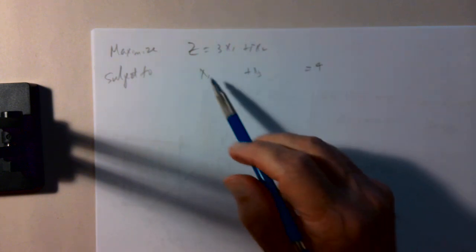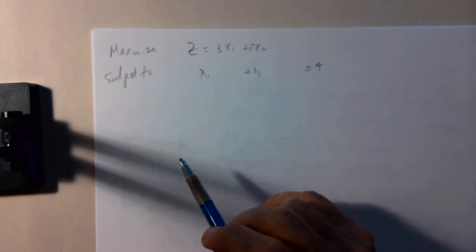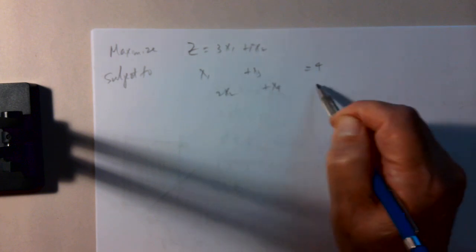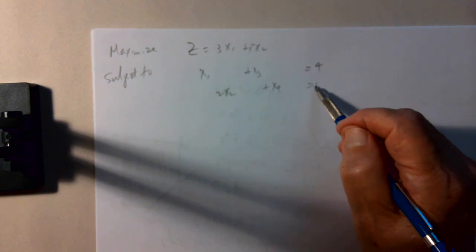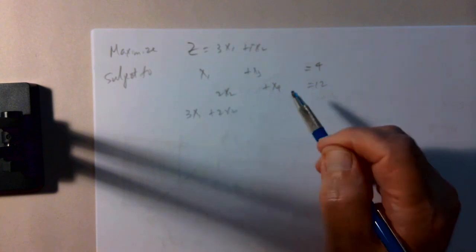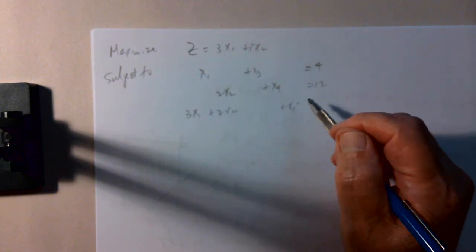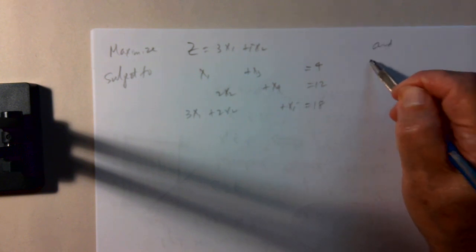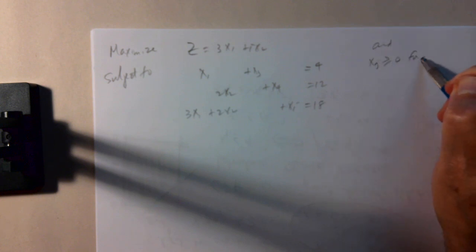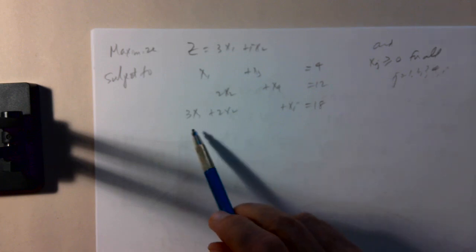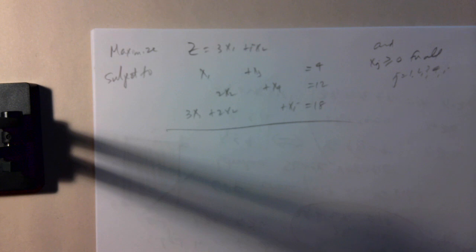I'm going to try and write these equations so the variables line up. 2x2 plus x4 equals 12. 3x1 plus 2x2 plus x5 equals 18. And the conditions that xj is greater than or equal to 0 for all j, 1, 2, 3, 4, and 5. So now we have equations instead of inequalities.